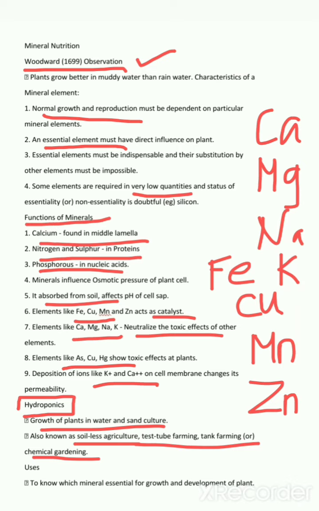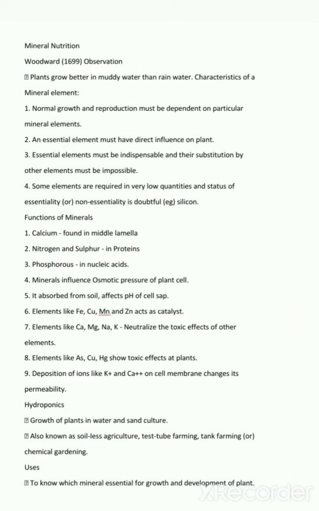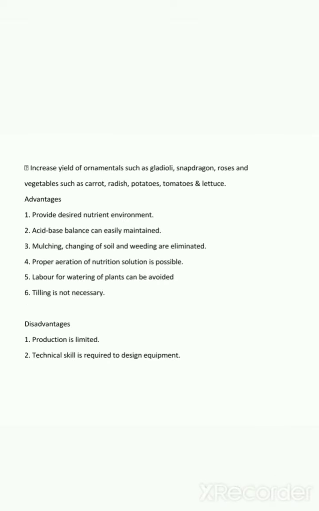To know which mineral is essential for the growth and development of a plant, you need to know the uses and functions of each of the macro and micronutrients. The essential elements are required to increase the yield of ornamentals such as roses and hibiscus, and vegetables like carrot, radish, potato, tomatoes and lettuce.